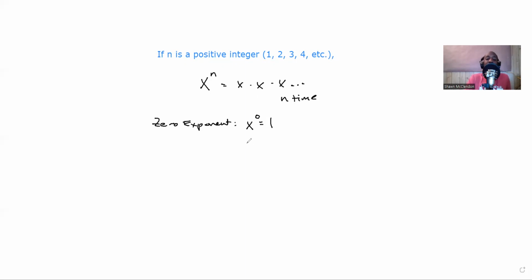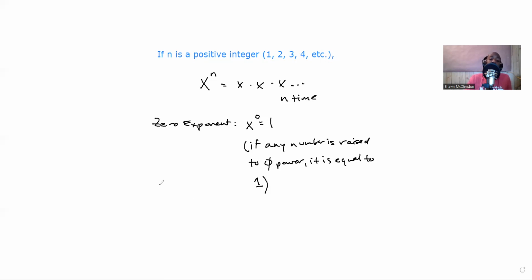So basically, if you have any number raised to the 0 power, it is equal to 1.